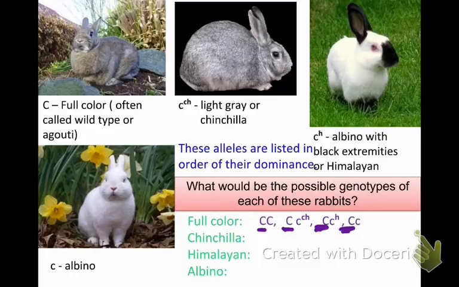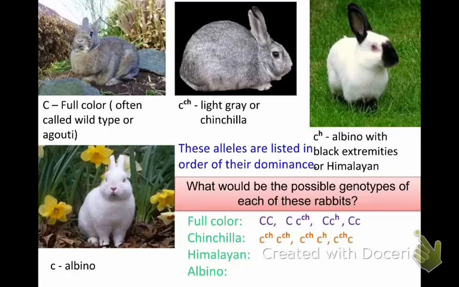How about the chinchilla? What must it have? C^ch, and that's dominant over C^h and c. So the chinchilla could be C^chC^ch, C^chC^h, or C^chc. Does that make sense? Think about it like pulling rank.